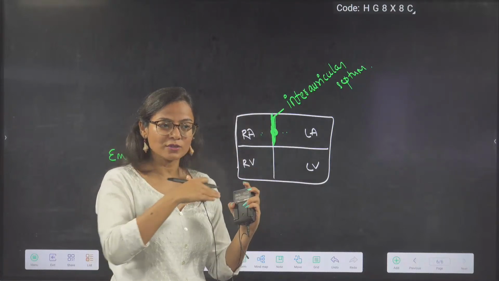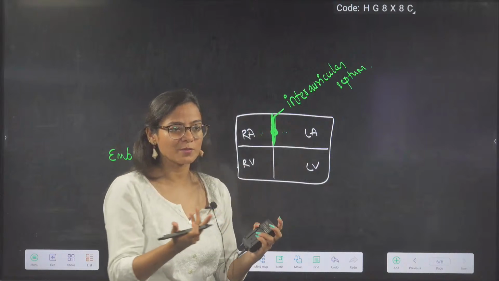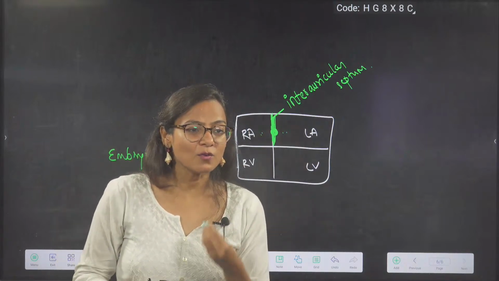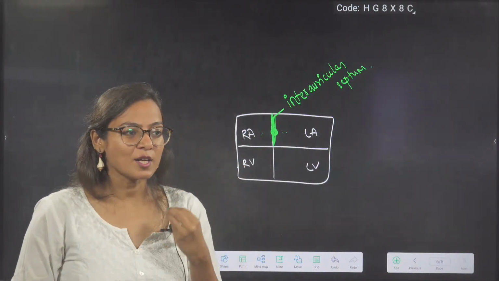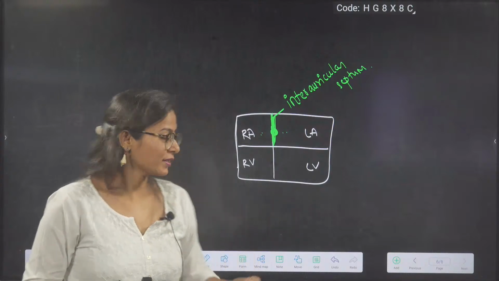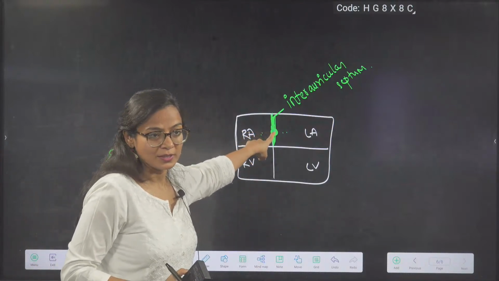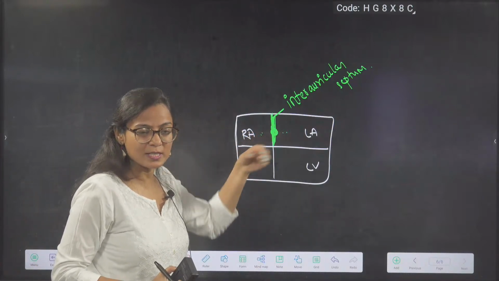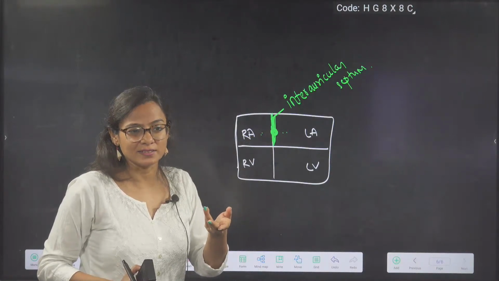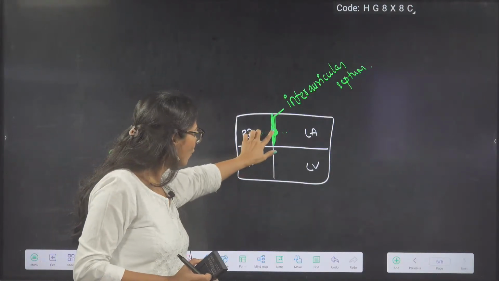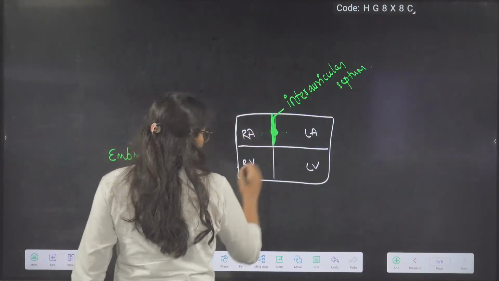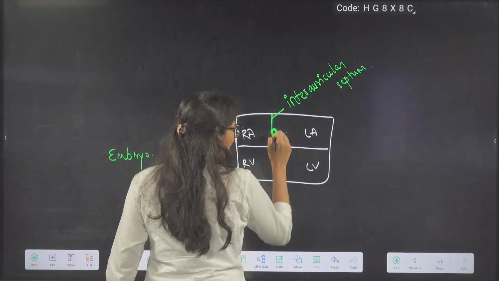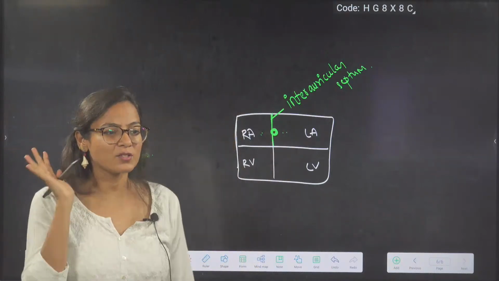That's how the oxygenated and deoxygenated blood is separated. But there are some babies in which this septum cannot close that hole. The septum doesn't grow completely, so the hole remains over there.